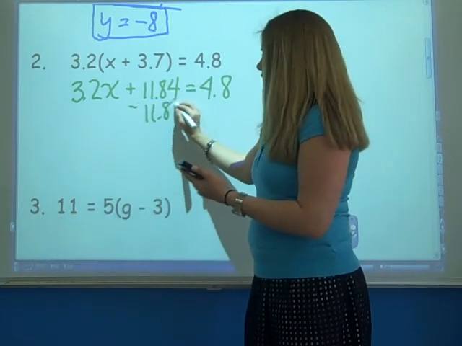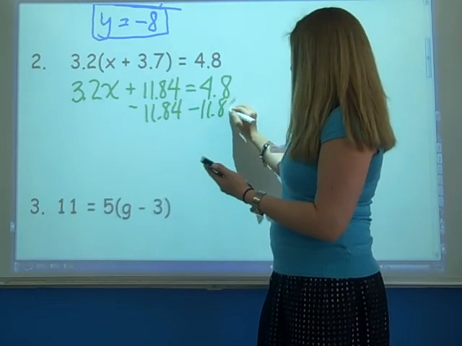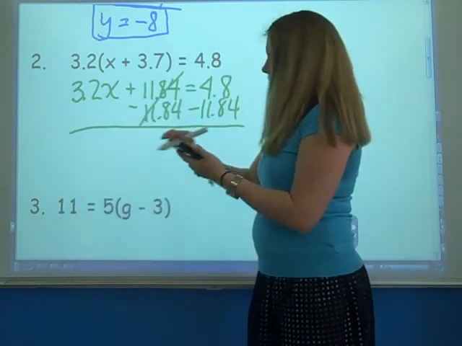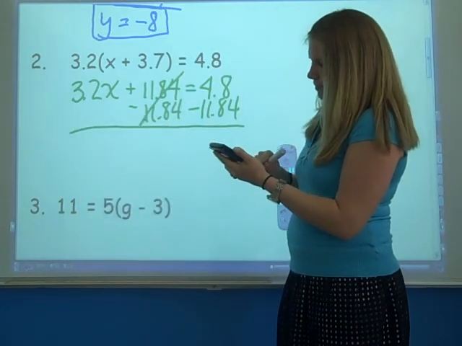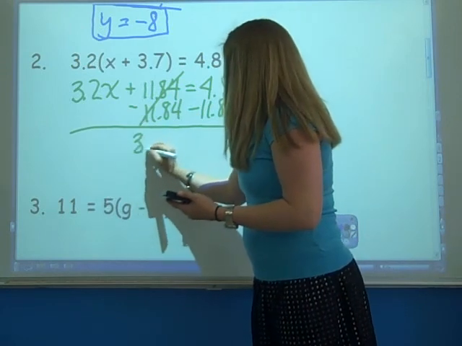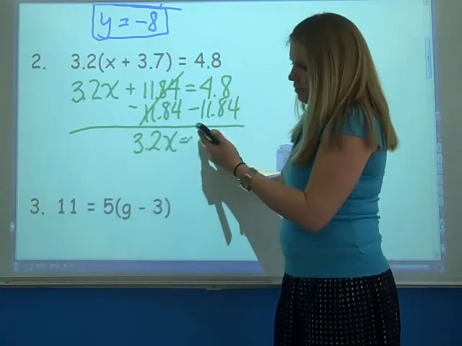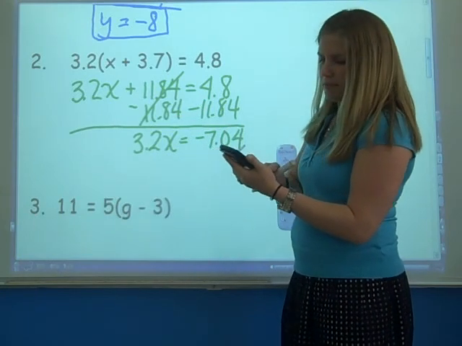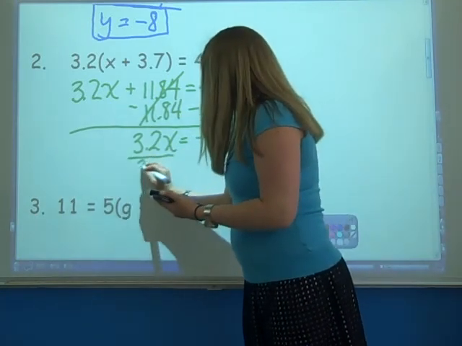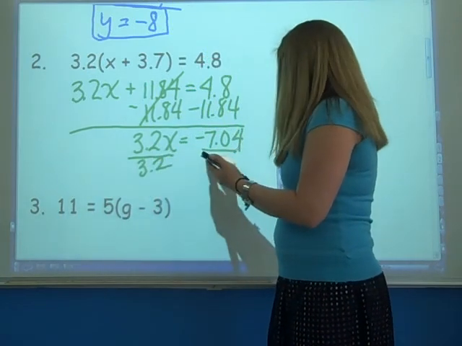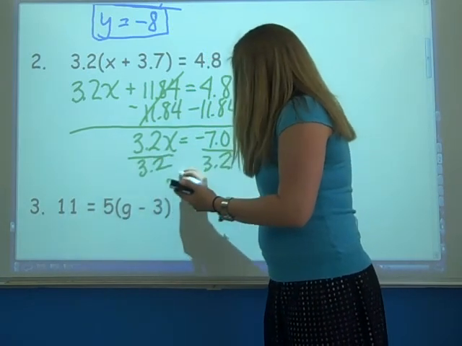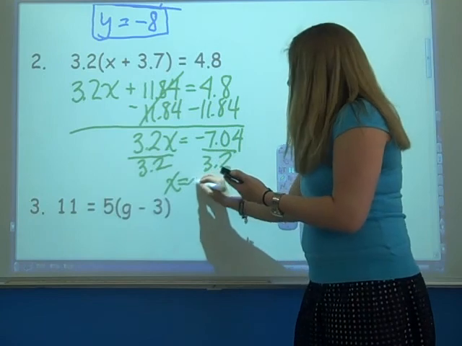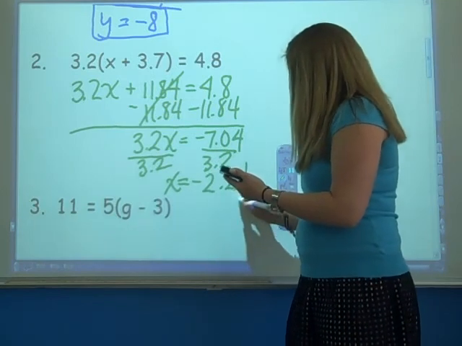Subtract 11.84 on both sides. You get 3.2x equals negative 7.04. Divide both sides by 3.2. x equals negative 2.2.